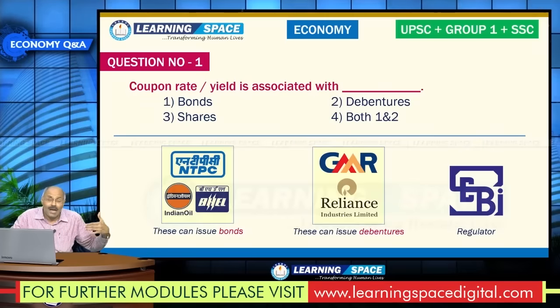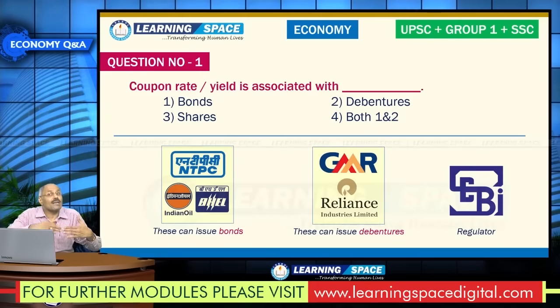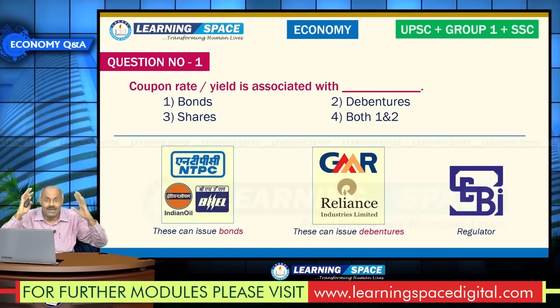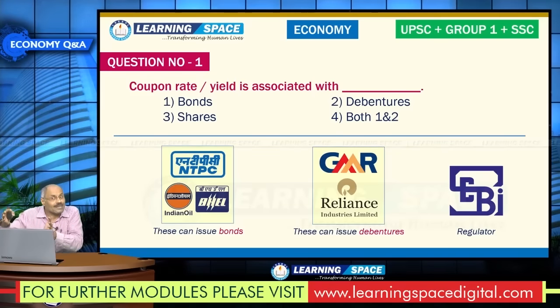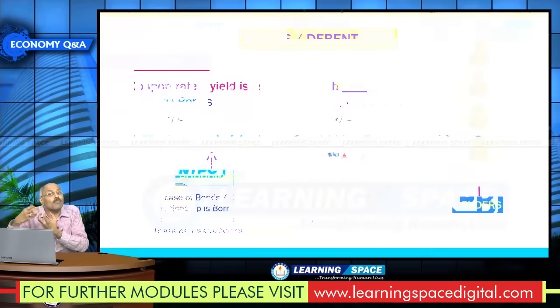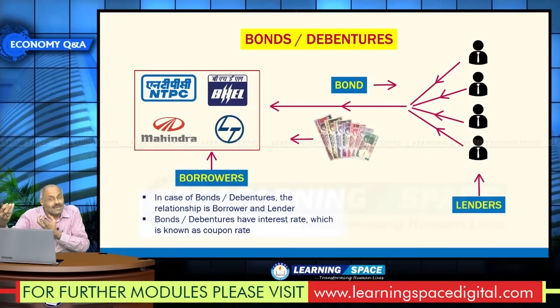Companies have another option, to take a loan from banks or financial institutions. So please be clear. Shares mean equity instruments. Bonds or debentures are debt instruments. That means the relation is a lender-borrower relation. In the case of bonds or debentures, the relation between the subscriber and the company is a lender-borrower relation.